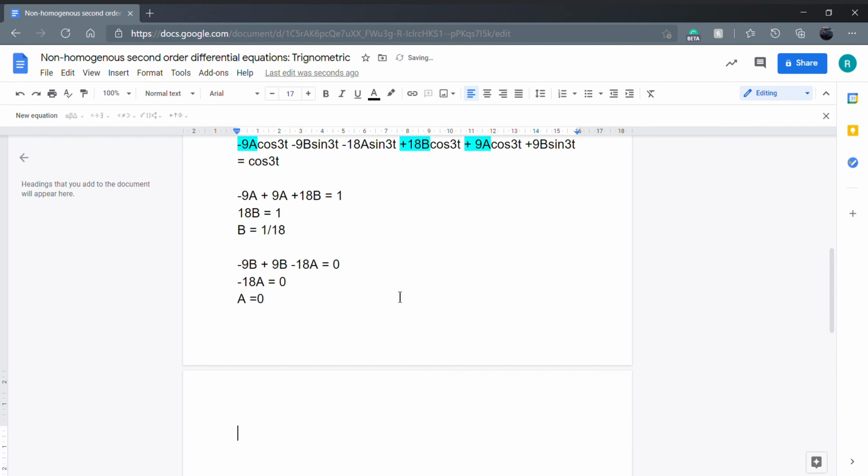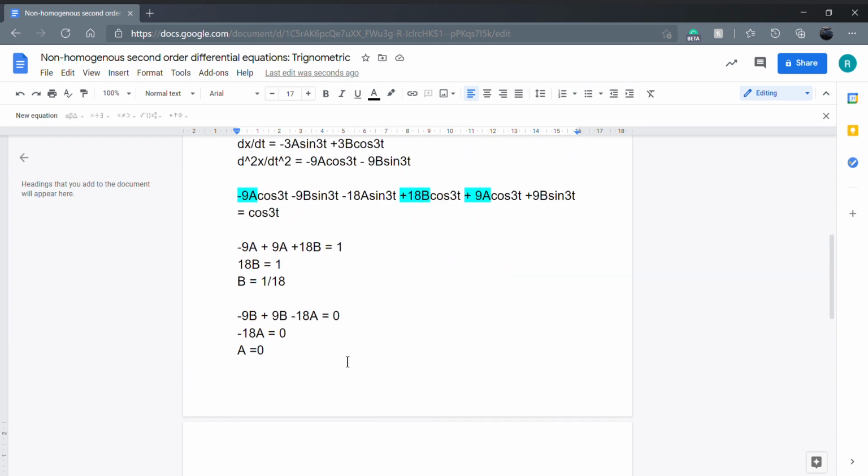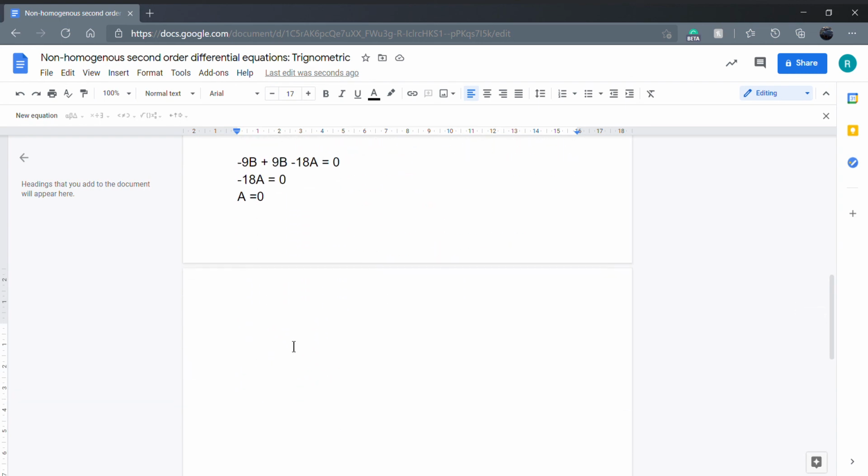Which we then substitute. We would then add the particular integral to the complementary function to give us the general solution, or GS for short, where we have this answer.